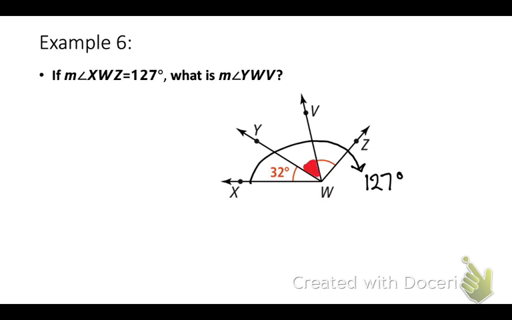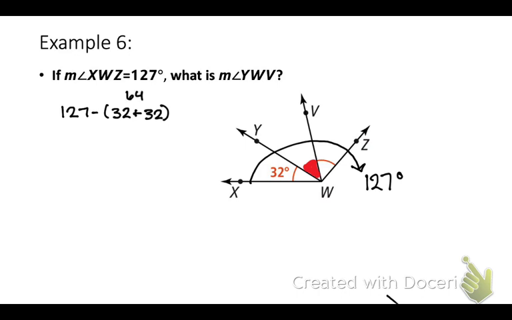Subtract what? 127 minus how many 32s? 64. Two of them. How do we know that both of those angles are 32? Because they're congruent. How do you know they're congruent? Because they got one arc each, right? Okay, so you could put 2 times 32, or you could write 64.